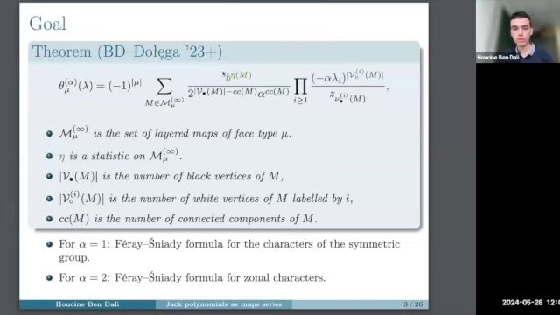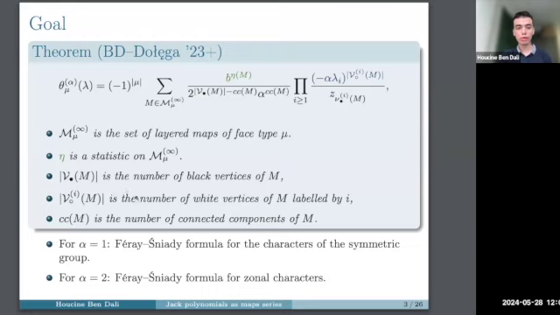So there is this first weight, which I will try to define today, which involves this statistic eta, which is a little bit complicated to define. And then there are other weights which are related to the layer structure of the map. So I'll try to define all these objects in the second part of this lecture.